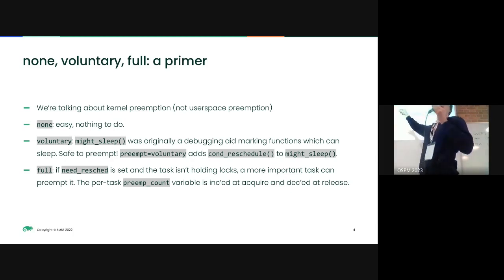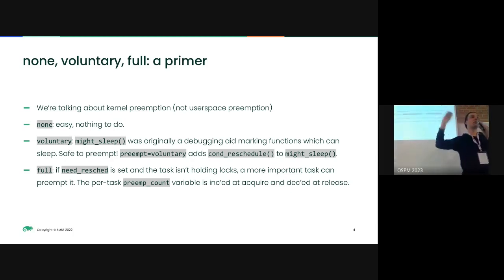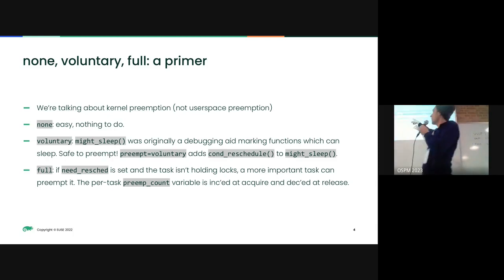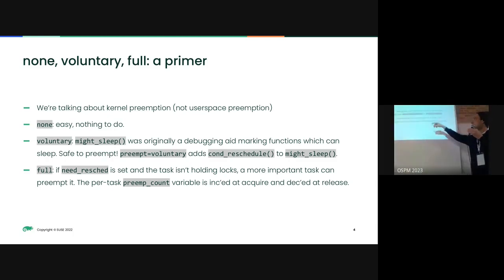They marked which functions are allowed to sleep, so those are good candidates for scheduling points. And so Ingo said, I'm going to put the cond_resched into might_sleep, and those are now scheduling points.